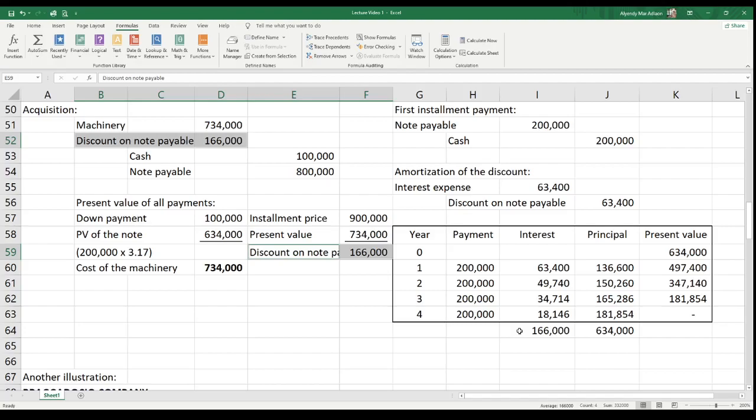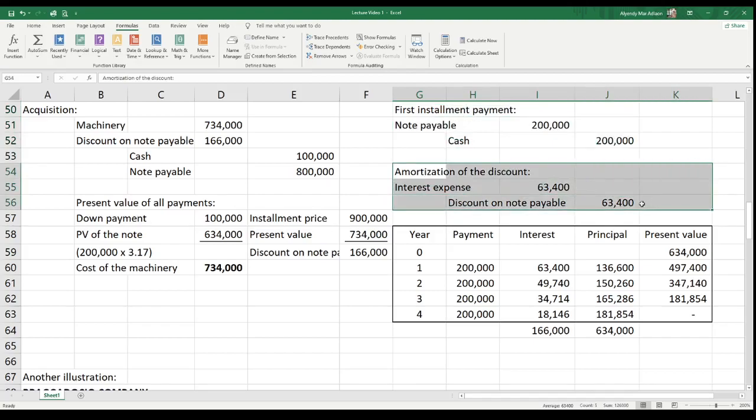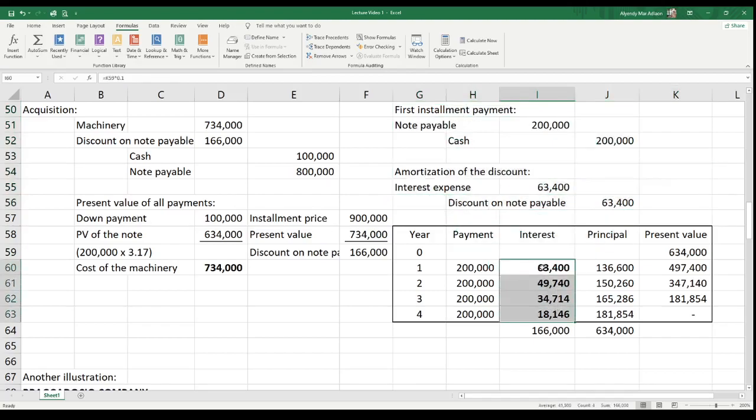That is for the installment acquisition whenever there is no available cash price. For the succeeding years, just follow this. The payment is still 200,000, but the amortization of the discount will differ depending on the interest computed every year. I hope you understood the discussion.